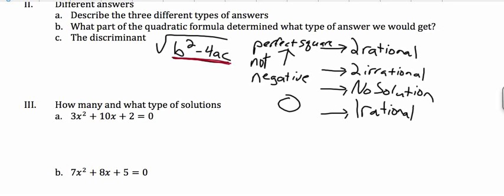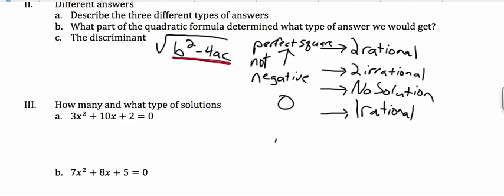Because think about how that would look with the quadratic formula. You'd have negative b plus or minus the square root of 0 all over 2a. Right? So think about what that looks like. You're going to be adding and subtracting a 0. You're going to get the same answer twice. And it's always going to be a nice answer, either a pretty fraction or a whole number, because you're not using any weird decimals there.